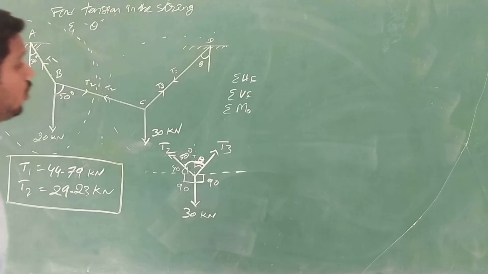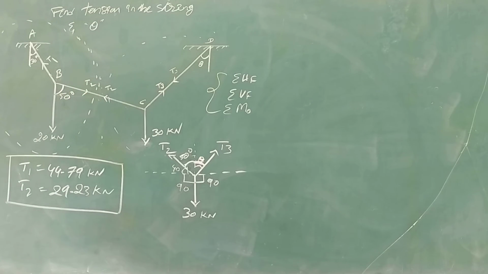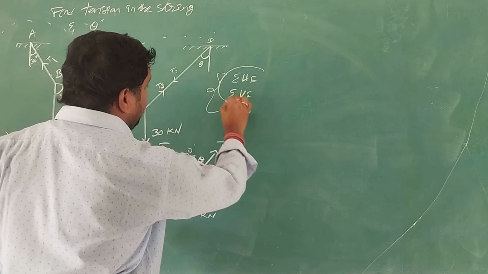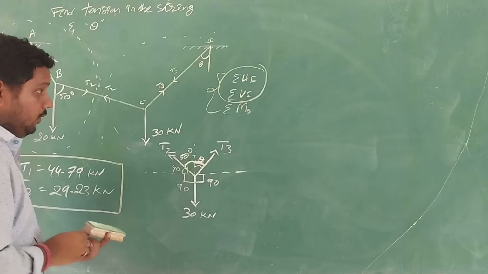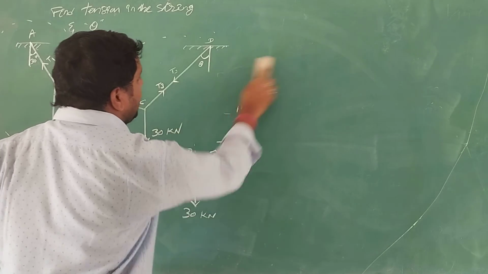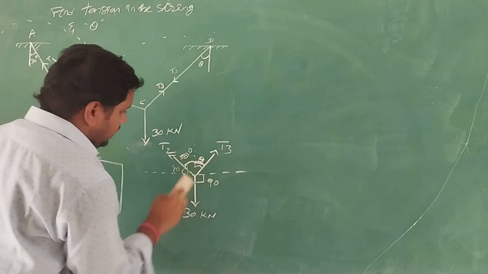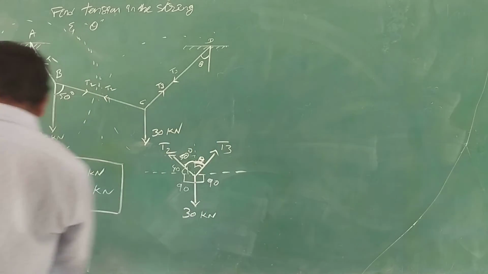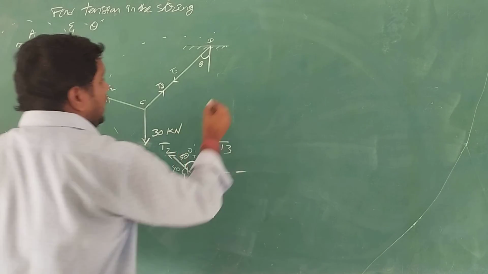So I'll be applying only horizontal force and vertical force, because here I have only two forces. So how to apply equation of equilibrium? Since here we cannot apply Lami's theorem, let it be so simple.